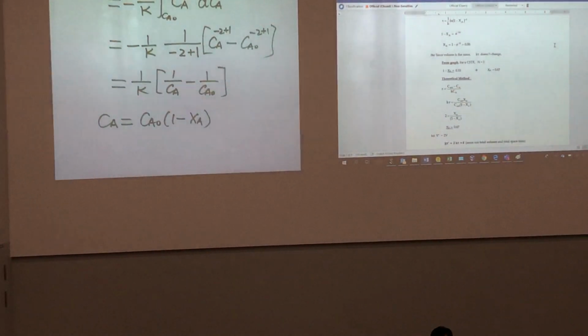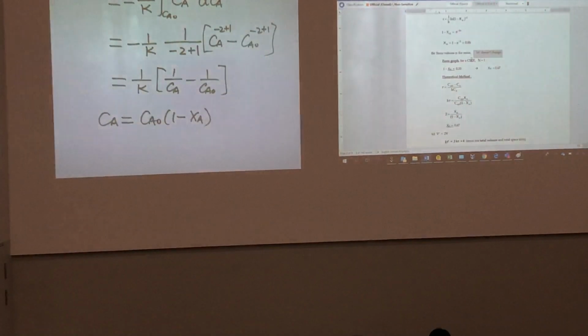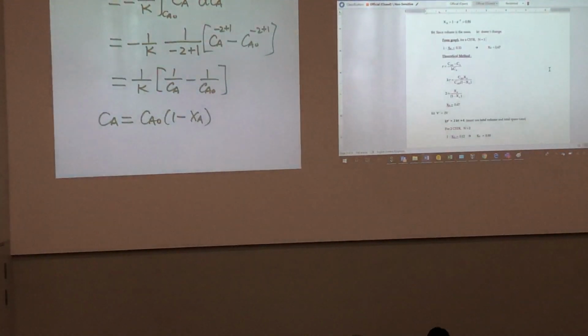If one CSTR change to plug flow, it means K tau doesn't change. Then you go to the other line. But for this question, originally it's plug flow, right? And change to CSTR. Then please remember, no matter first order or second order, when you read the graph, listen, if you have 2 identical CSTRs, this K tau must be doubled when you read from the graph.